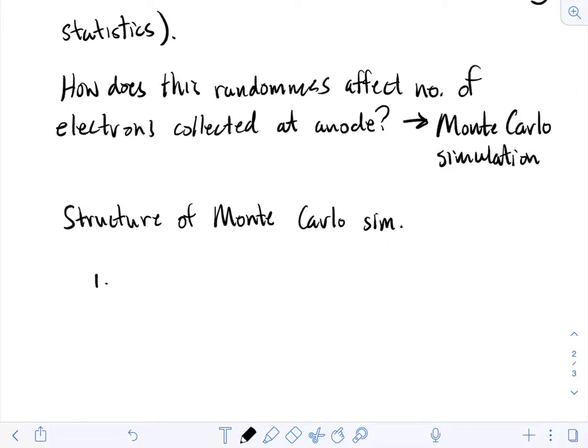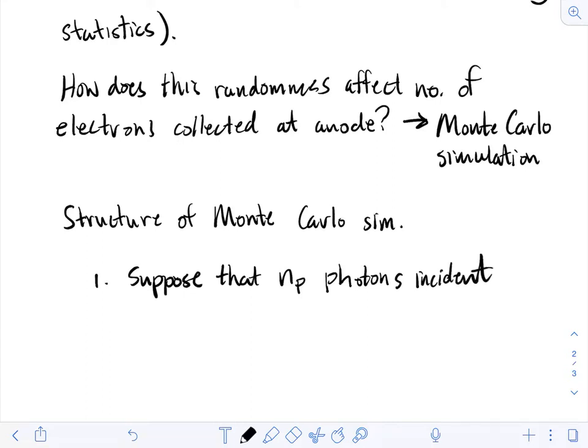So one is, we first suppose that we have NP photons incident on our photocathode.